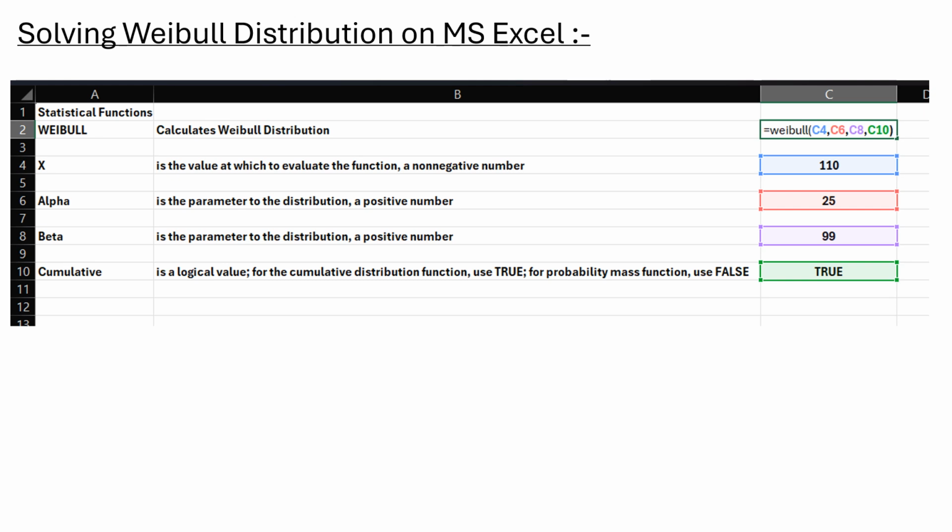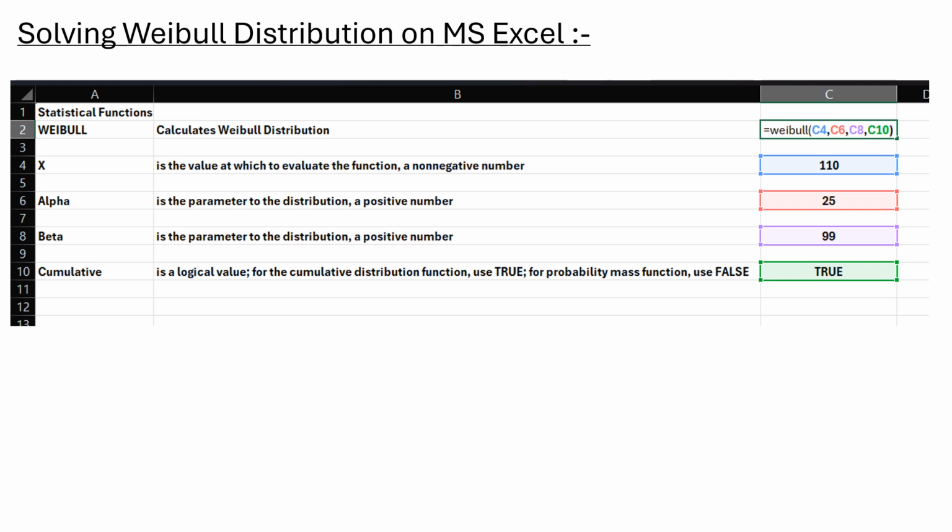For doing so, we give this syntax: equal to Weibull, bracket open, C4, the cell C4, which denotes the value of x, comma C6, which denotes the value of alpha, comma C8, which denotes the value of beta, comma C10, which denotes the status of it being cumulative or not.